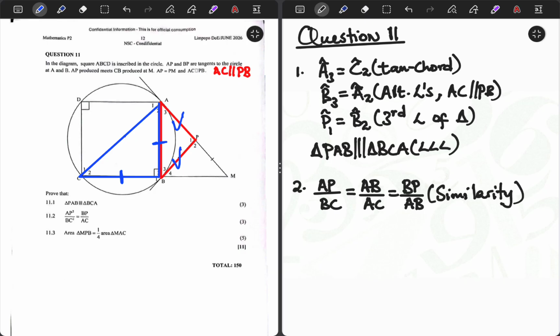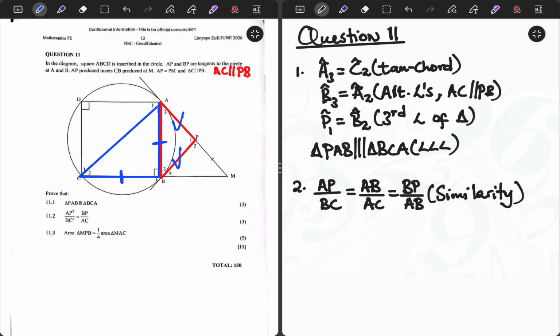Let's also work out this other one. Can we prove any other similar triangles? I don't think we need to do that. We now have the proportion first, and don't forget to write similarity or similar triangles as your reason.